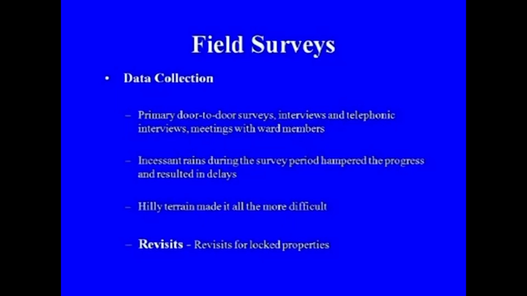The collection of information through field survey was primarily door to door survey, interviews, telephonic interviews, and meetings with ward members. However, it was found that this region has a problem with rain, and during the survey period, due to incessant rains, the survey was hampered, resulting in certain delays.